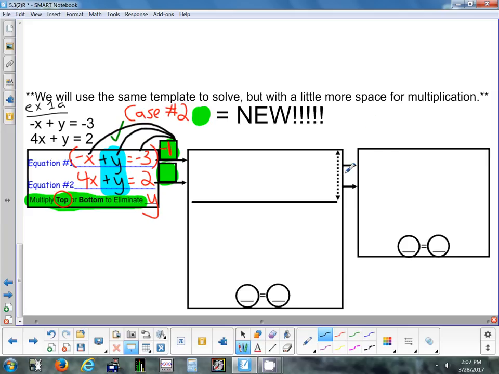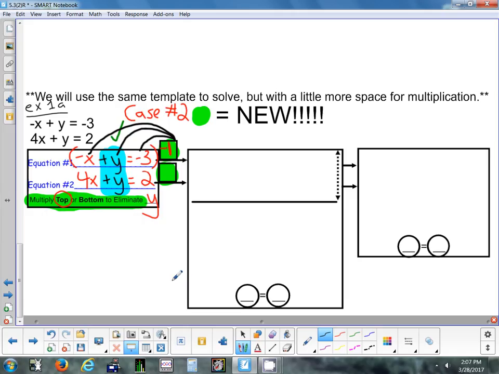When I multiply by -1, what's going to happen to all of these signs? Can someone tell me by raising their hand? It will become opposite. So when it's case 2, and I multiply by -1, all the signs will just become opposite. They're just going to change to their opposite.